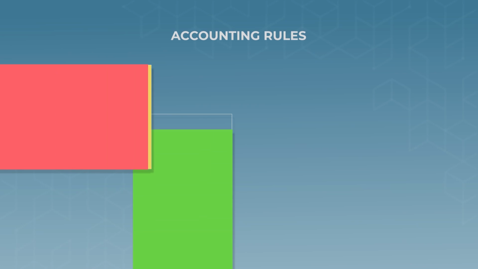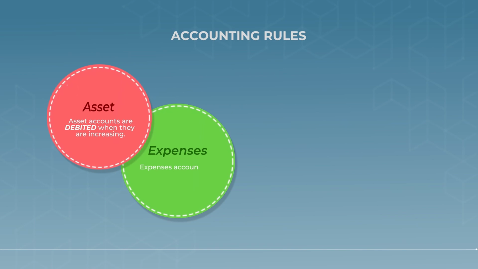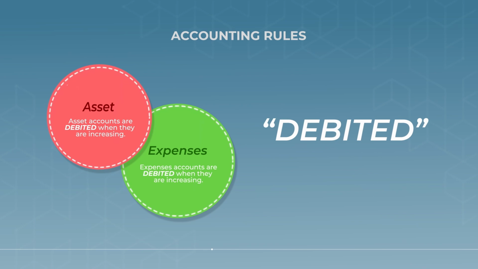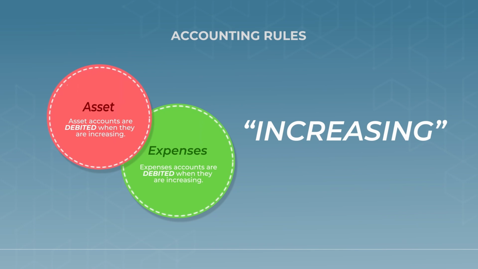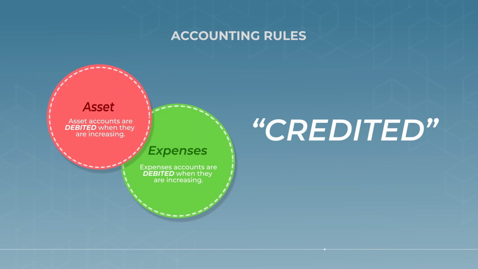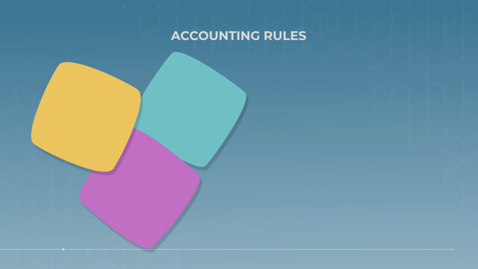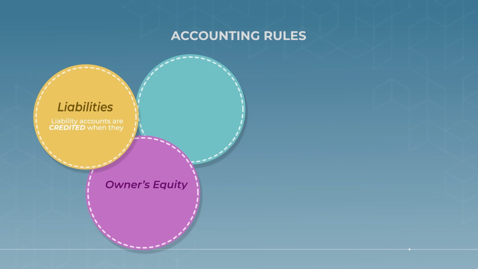Firstly, assets and expenses accounts. Assets and expenses accounts are debited when they are increasing. But how about when they are decreasing? When there is a decrease in assets or expenses accounts, it will be credited. Secondly, the liabilities, owner's equity, and income accounts.